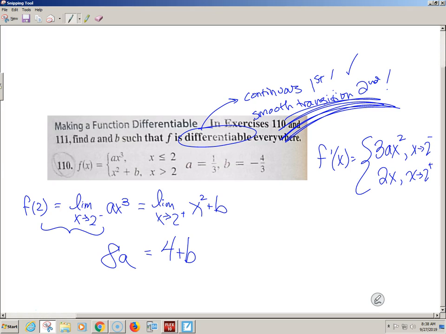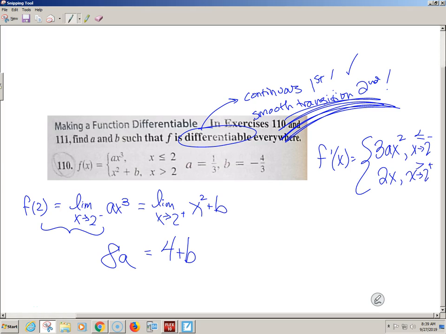Yes, I could put less than, yes, I could put greater than, but I can't put or equal to unless I know that the slopes are going to match. Wait a minute, I'm making it differentiable. I'm making it work. Oh, well, if it's going to work, I guess I could go ahead and do less than or equal to, including the equal to, greater than.